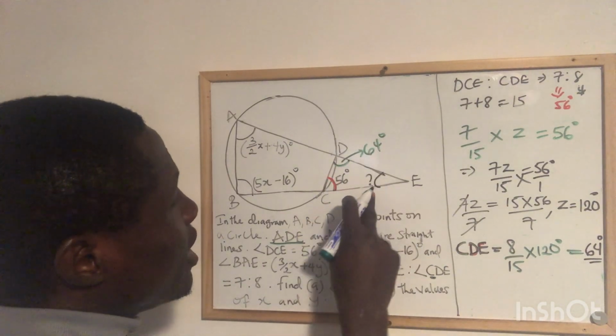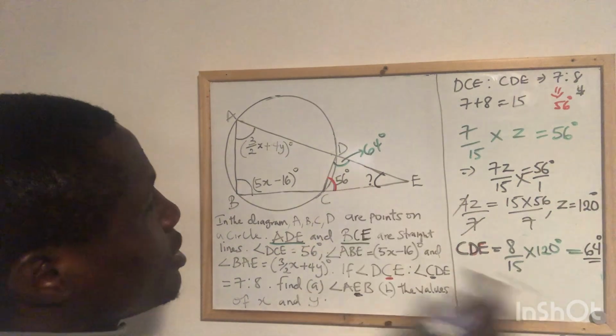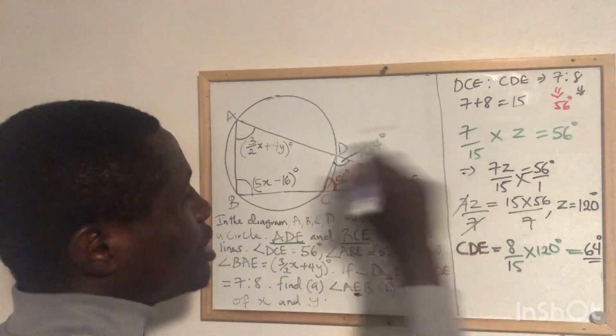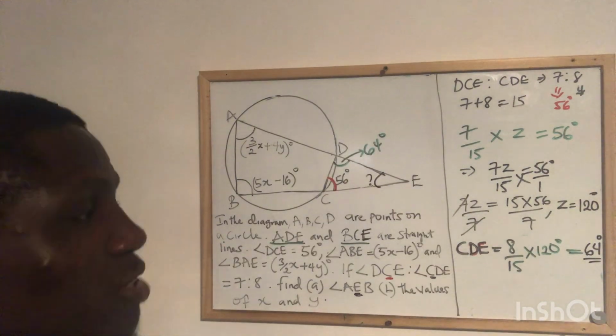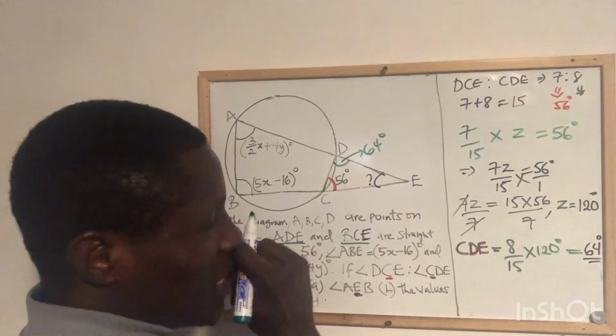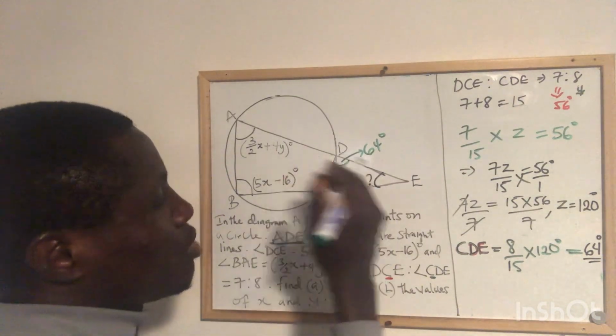It equals 180 degrees, because it is the sum of angles in a triangle. And you have to be specific, because you have to tell them what we are actually doing here.